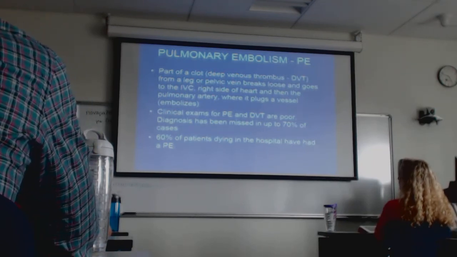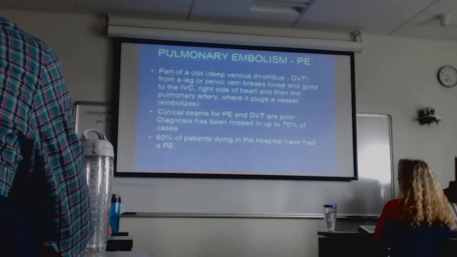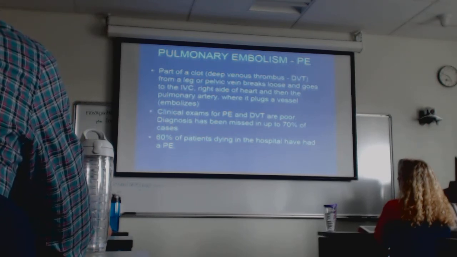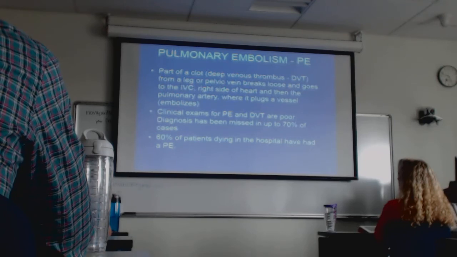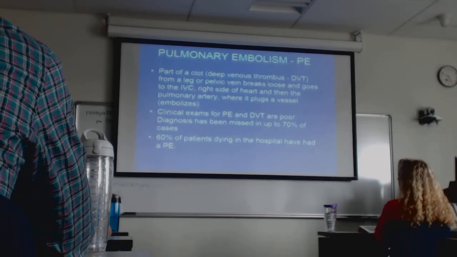And so you're going to become hypoxic, and you're going to be breathing hard, you're going to have chest pain, and it's a very common thing. Up until the last 20 years, we had very inaccurate ways of identifying PE, pulmonary embolus. It was almost a diagnosis of exclusion. Killed a lot of people because we had no good way to find it.